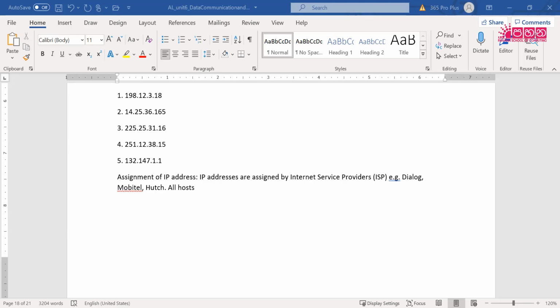What do you mean by host ID? Host ID means it uniquely identifies a particular host.